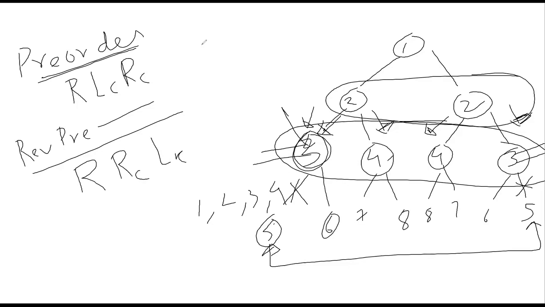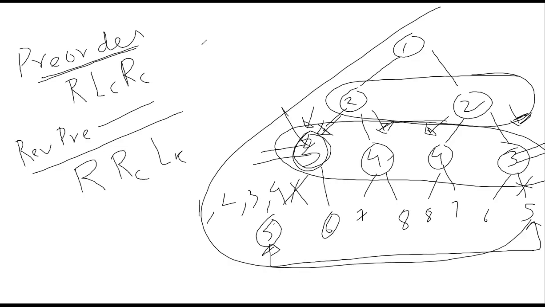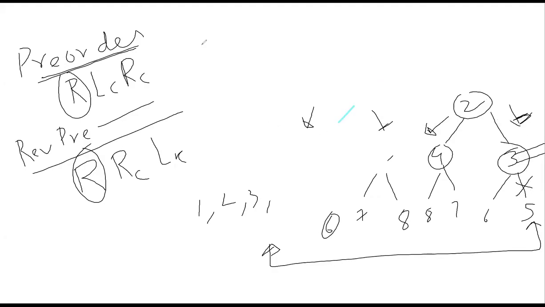And if you compare it with how you are comparing right now, isn't it similar? You're first comparing the root, and then comparing the left child with the right child of the other side.